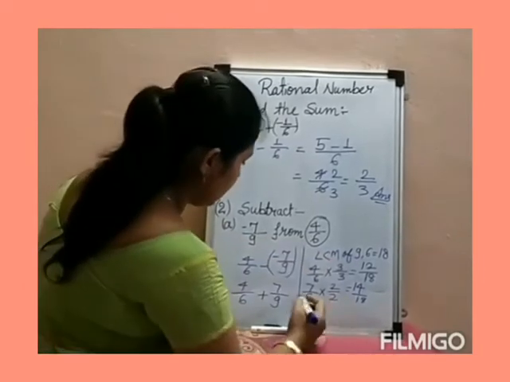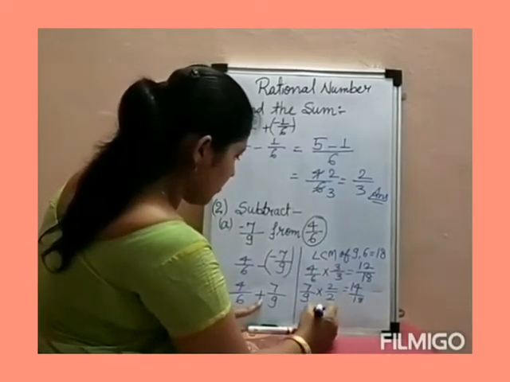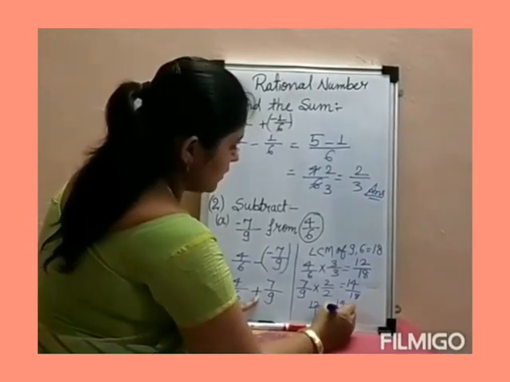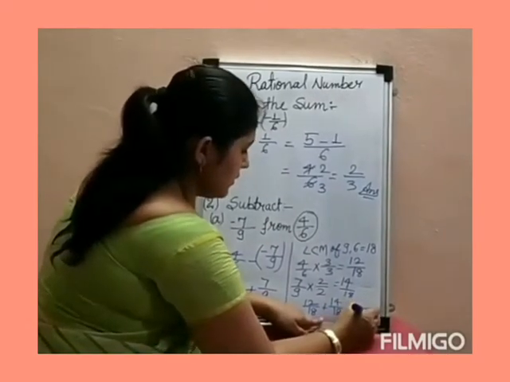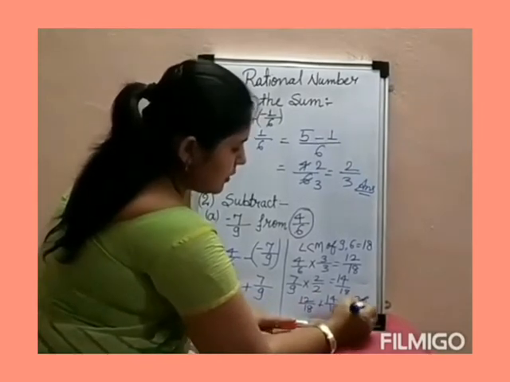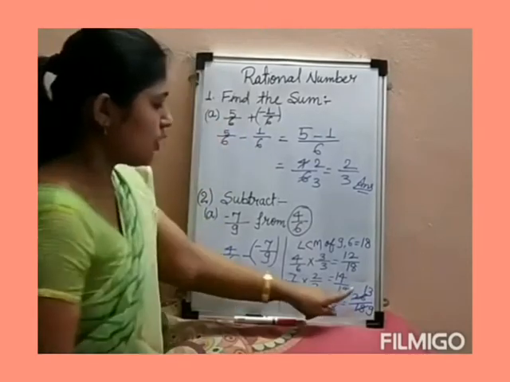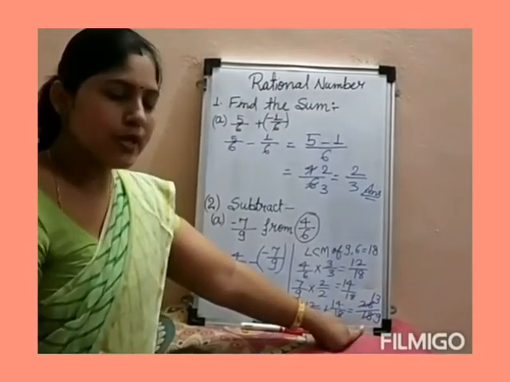Now we have 12 upon 18 plus 14 upon 18. Denominators are same. So write here 18 and 14 plus 12 equals to 26. Cancel the number by 2. 9 and 13. Your answer is 9 upon 13. You can convert it into mixed fraction.